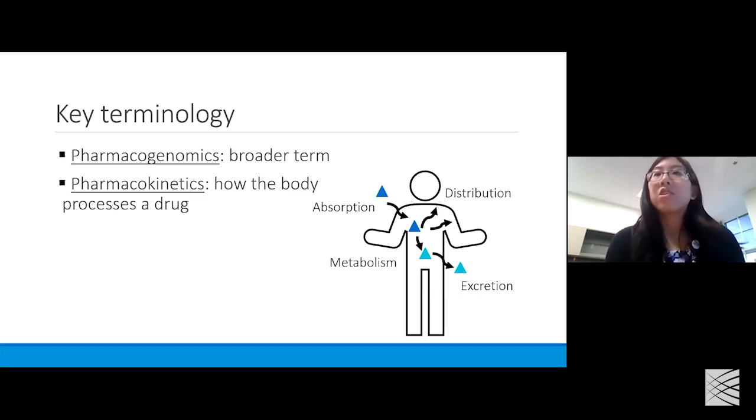When studying drug action in individuals, we focus on 2 major determinants, pharmacokinetics and pharmacodynamics. Pharmacokinetics refers to how the body processes a drug, and that can range from initial absorption of the agent to distribution in the body, metabolism of the drug, as well as excretion and disposition from the body.